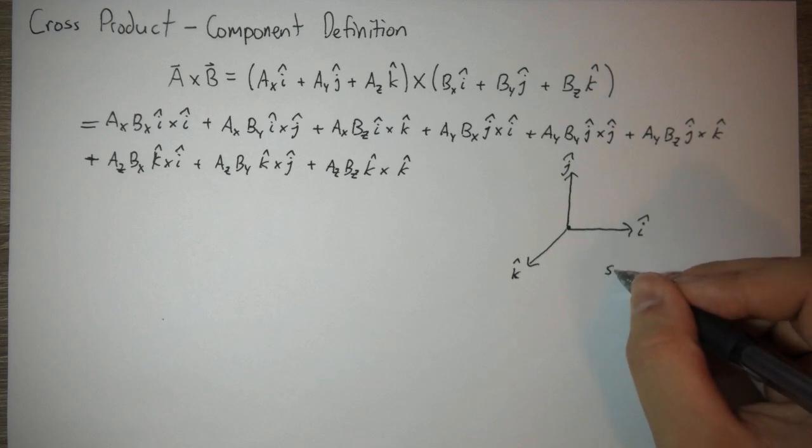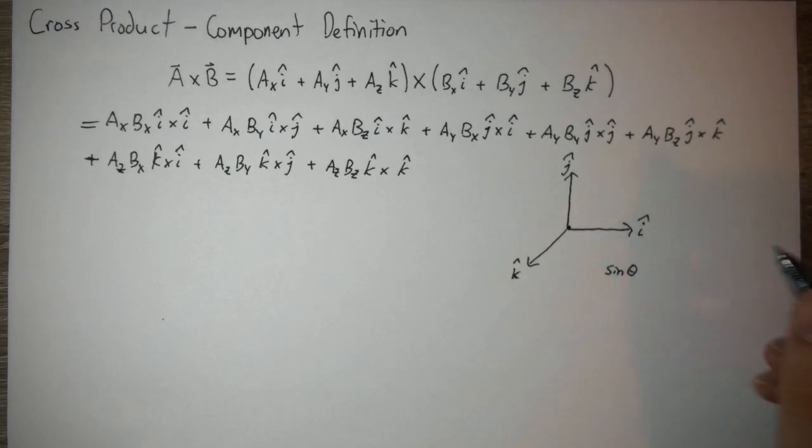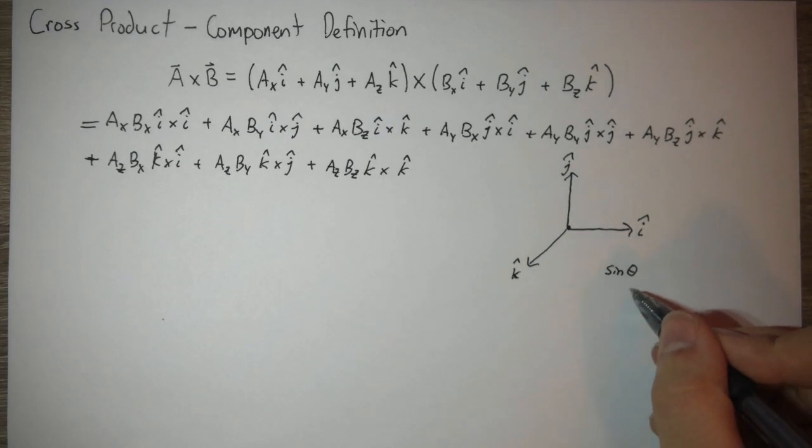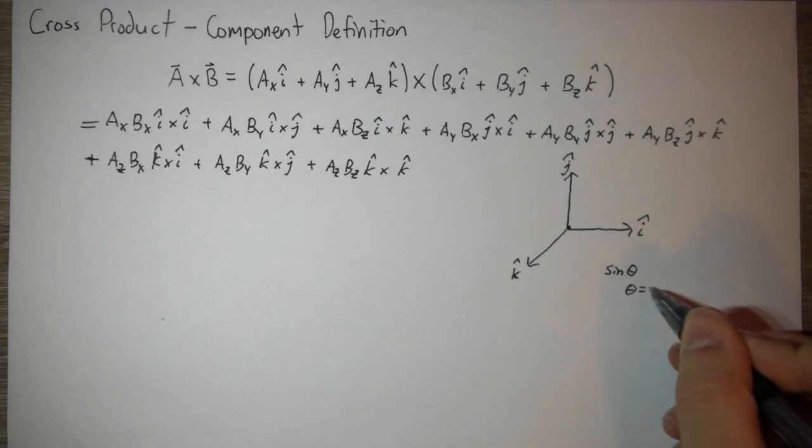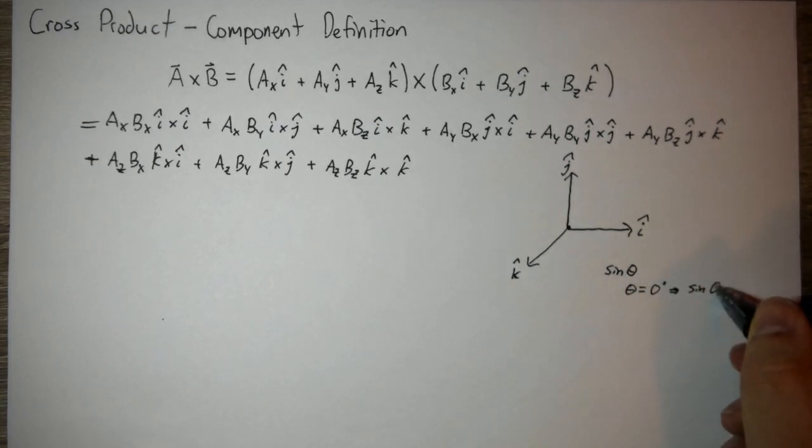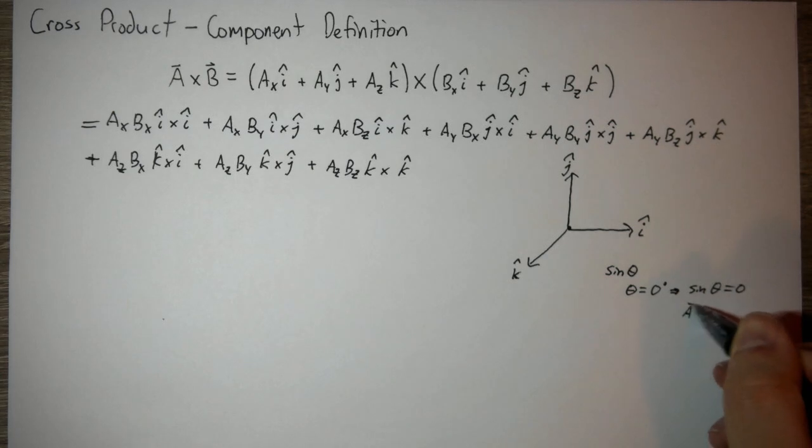To do that, we can look at the properties of the sine function. And we remember that when theta is 0, sine of theta is also 0, which means that the cross product between the two vectors is 0.